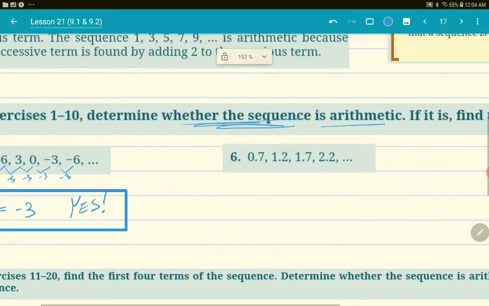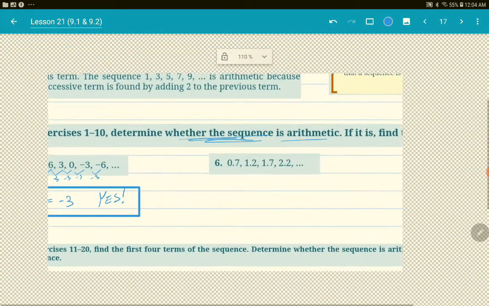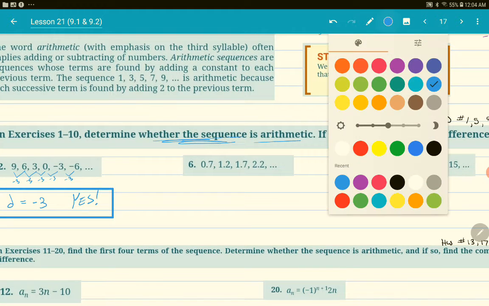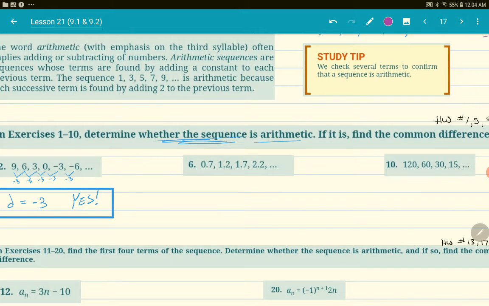And then going on to 6. Let's change colors for 6. So going on from 0.7 to 1.2, that means I'd have to add 0.5. And 1.2 to 1.7, I could add 0.5 again and again to get to the 2.2.